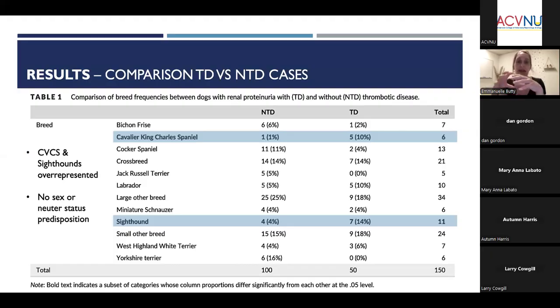And then one of the big goals of this publication was to compare both groups, thrombotic and non-thrombotic disease. And looking at the breeds, they found that Cavalier King Charles Spaniels and Sighthounds were definitely overrepresented in the thromboembolic disease group, but there was no sex or neuter status predisposition.